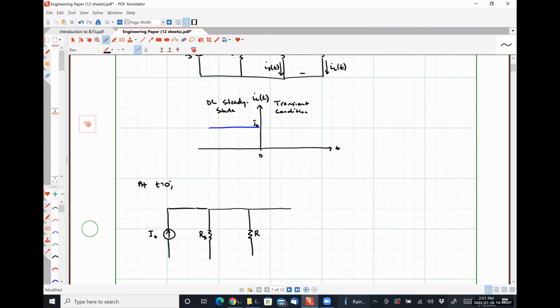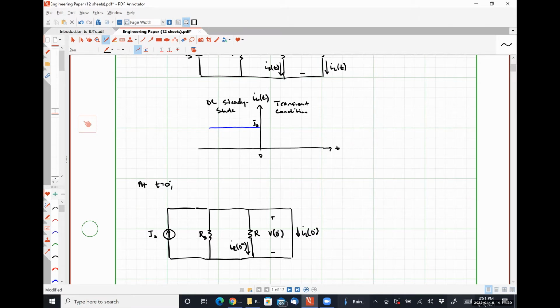What does an inductor look like to a DC circuit? A short circuit. So I'm going to replace my inductor with a short circuit. This is my inductor current IL at 0 minus. Just for the sake of argument, here's my resistor current IR at 0 minus. Here's my voltage V at 0 minus as well.